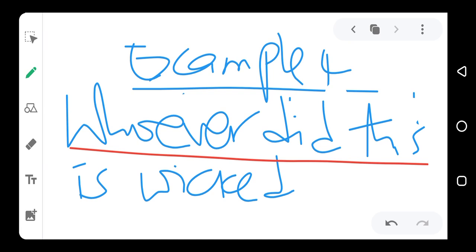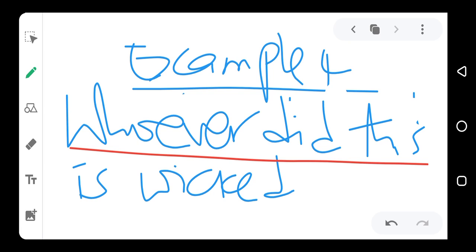Now we confirm whether it is a clause or not by checking whether it has a subject and a verb.